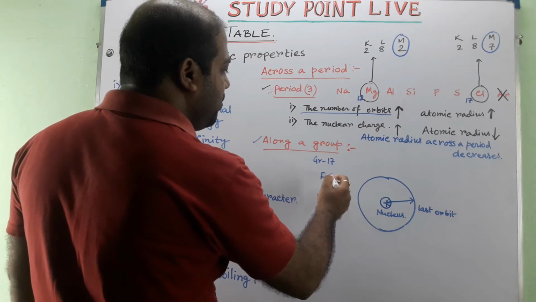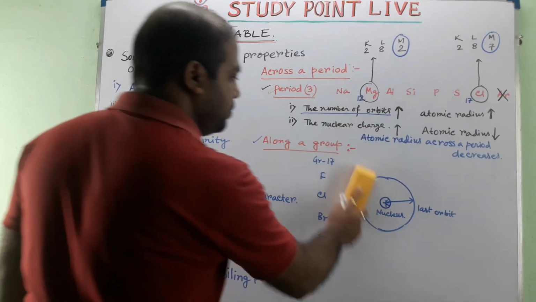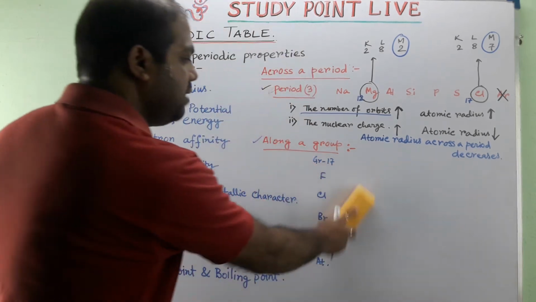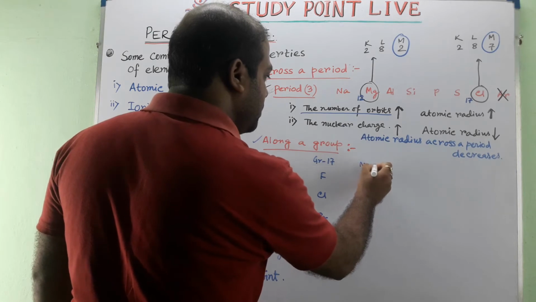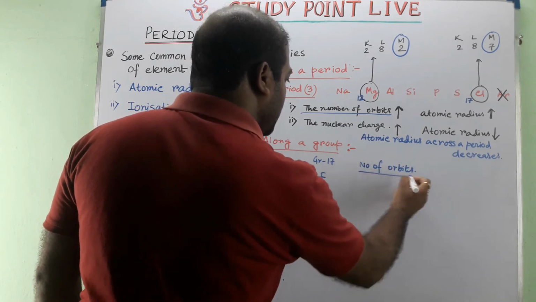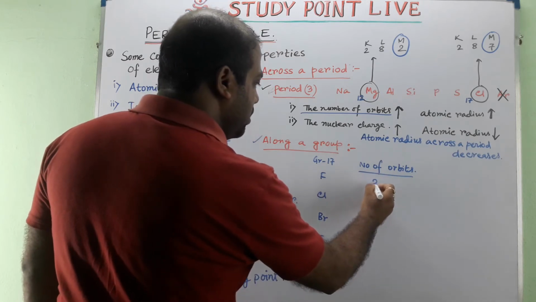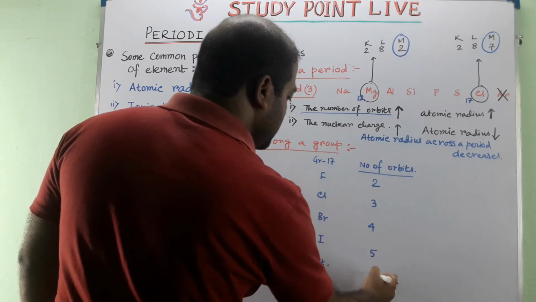Here the number of orbits used to describe the electronic configuration are 2, 3, 4, 5, 6.